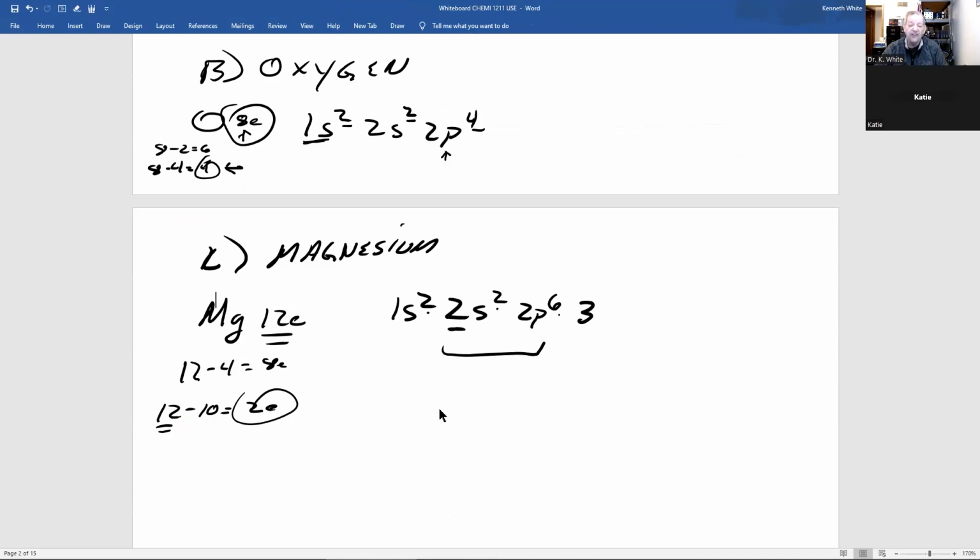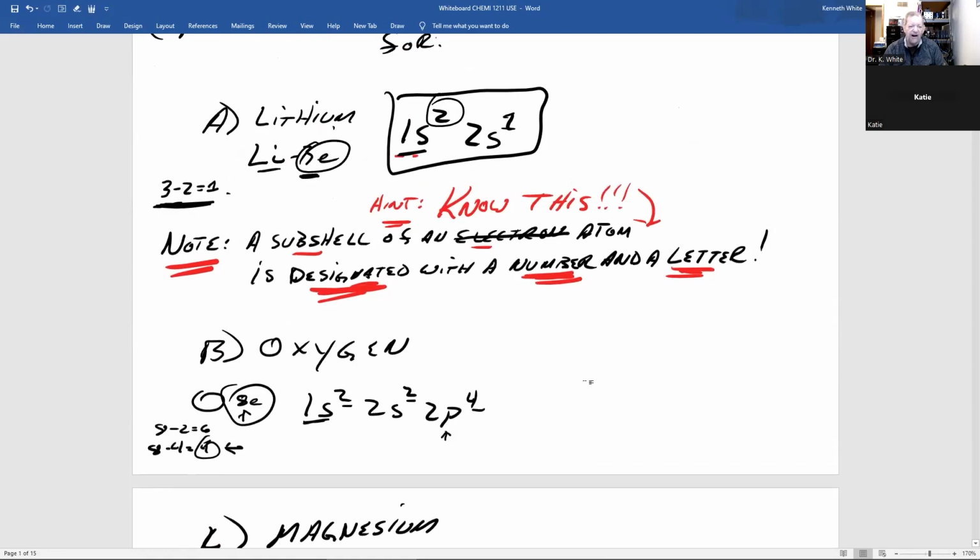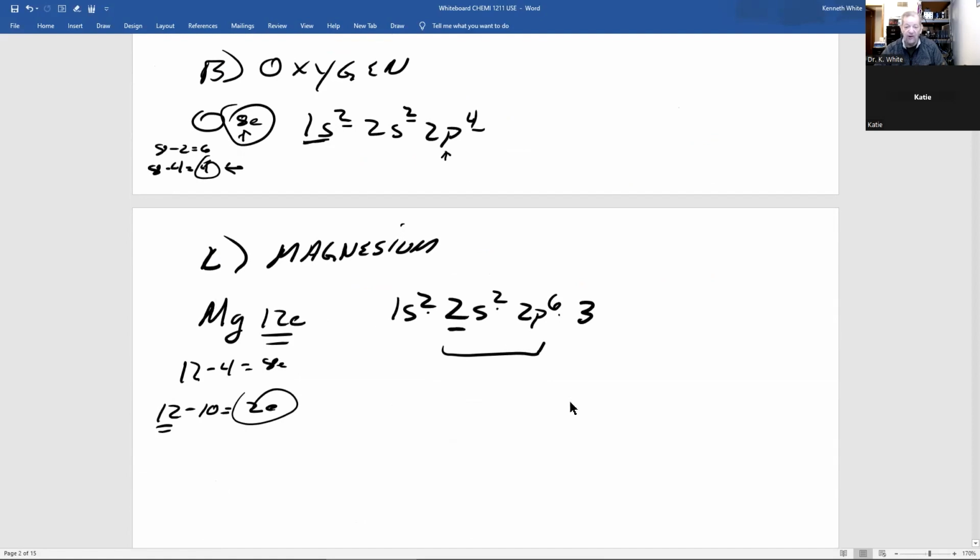And the first lowest energy subshell in 3, remember, a subshell of an atom is designated by a number and a letter, so the next subshell is 3s. I need to do 2 more electrons.